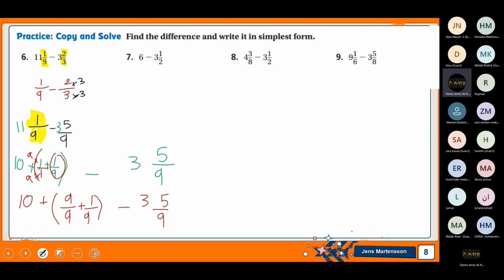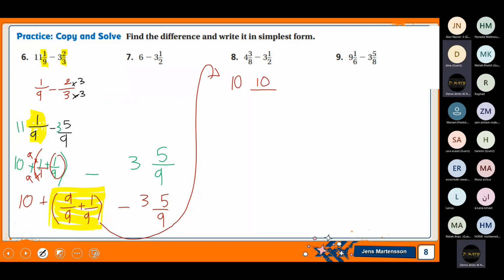Then now, I will add the power that I take from my father to my fraction, because now it's ready. So it comes as 10 and 9 plus 1 equals 10 over 9, minus 3 and 6 over 9.